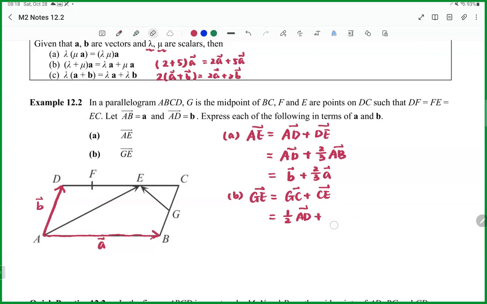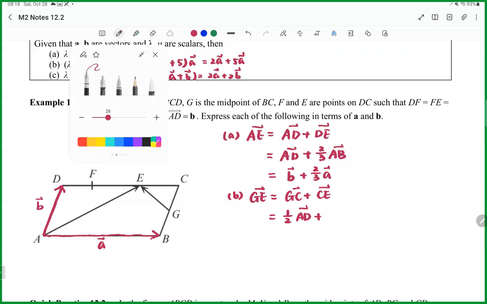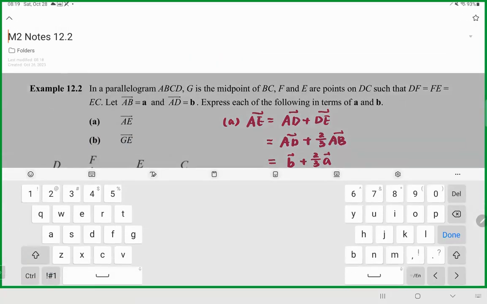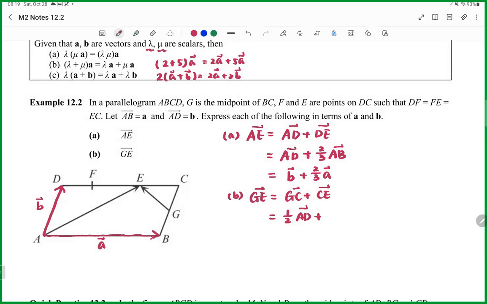What did I do? CE equals, sorry, 1 over 3 CD, and GC is 1 over 2 AD, minus 1 over 3 AB.